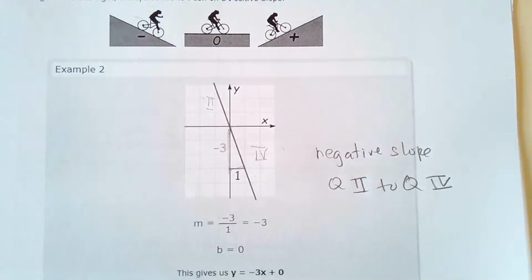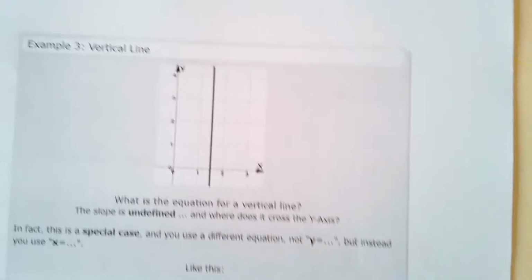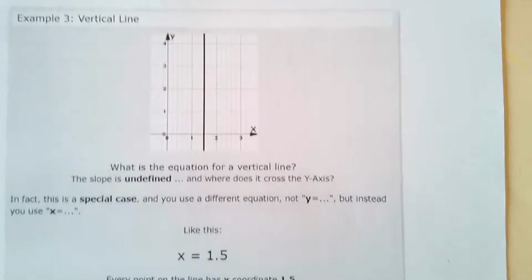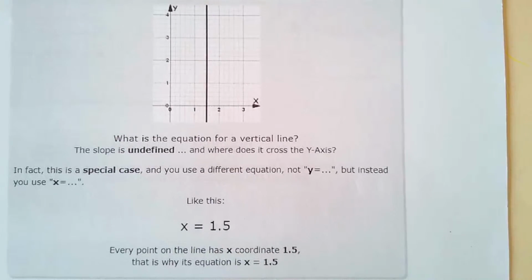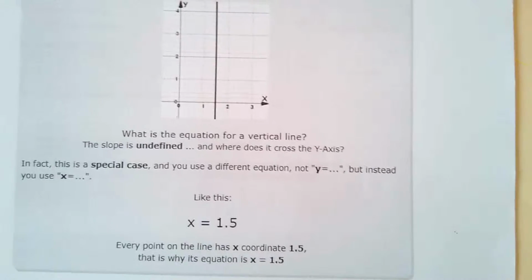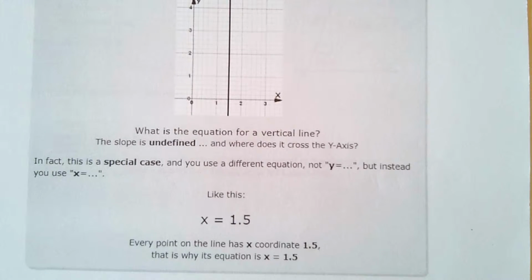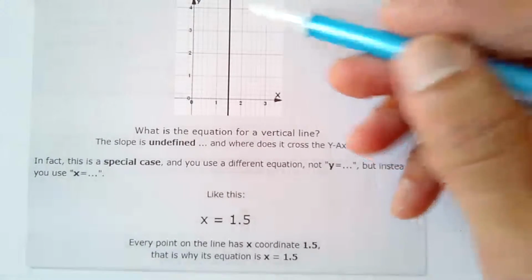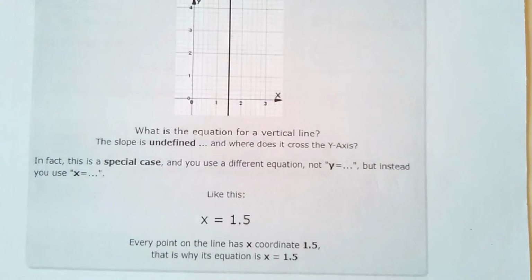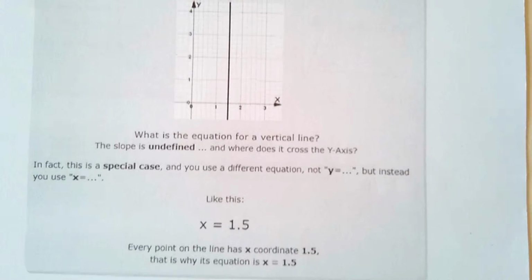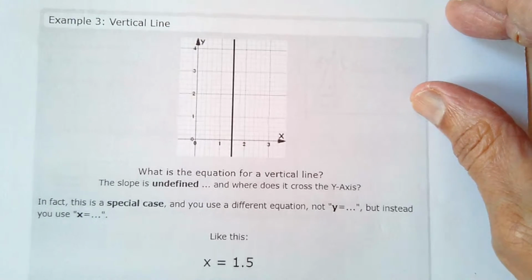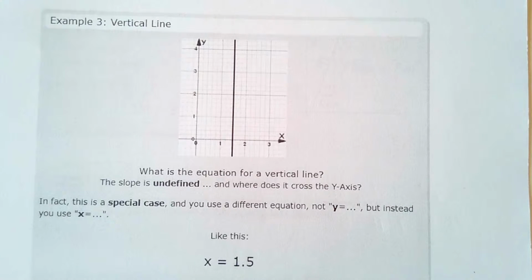Let's go on to... Now, these are special cases now. If you have a vertical line, it's referred to as undefined. It's a special case. Vertical line, there's no slope in this. It's not a zero slope. There's no slope. Or you can say it's undefined.